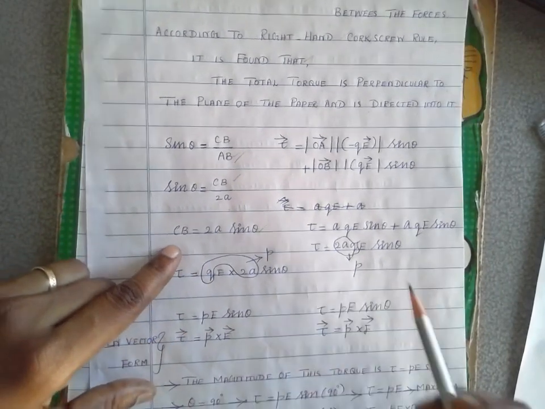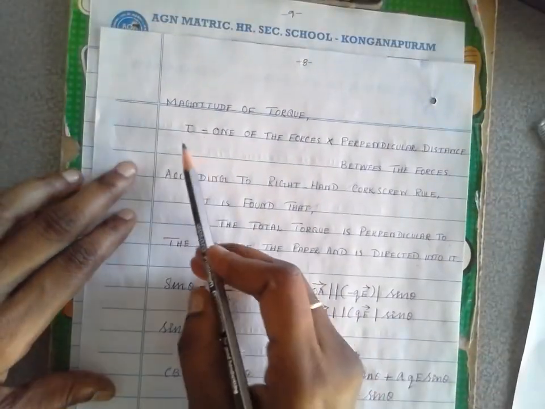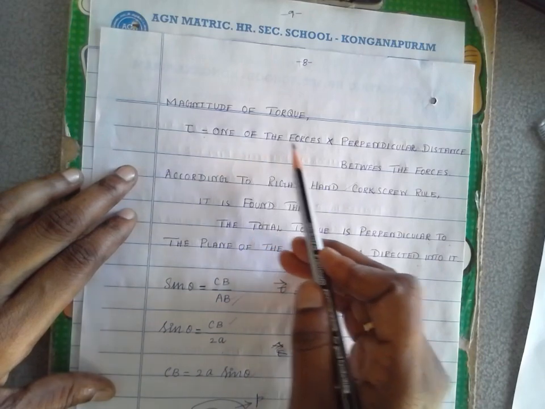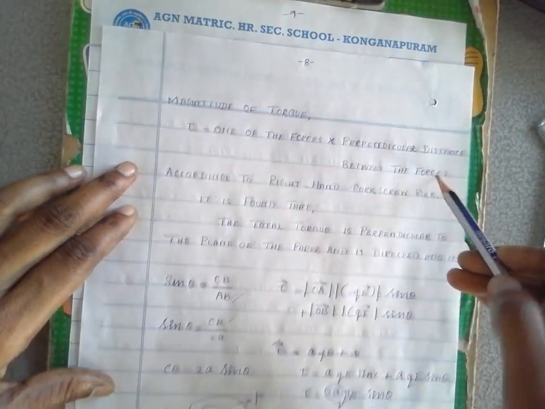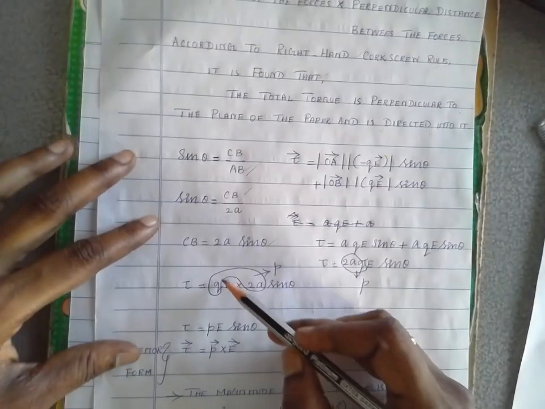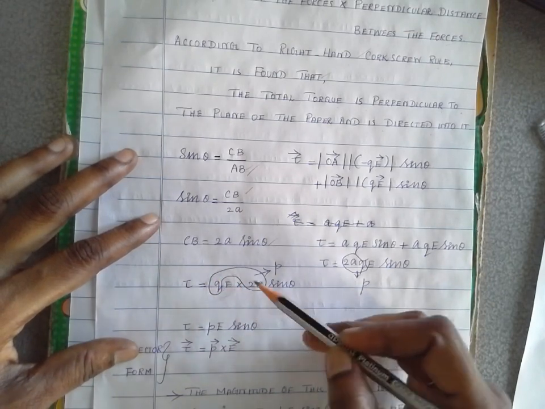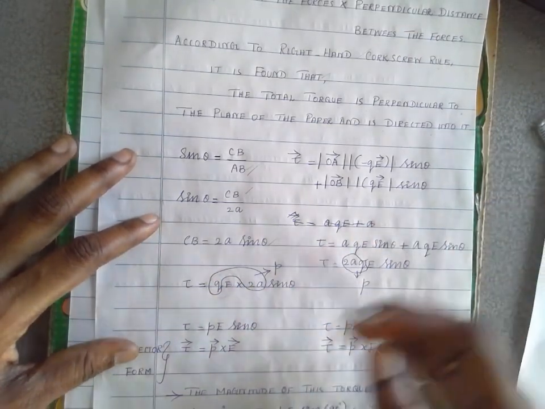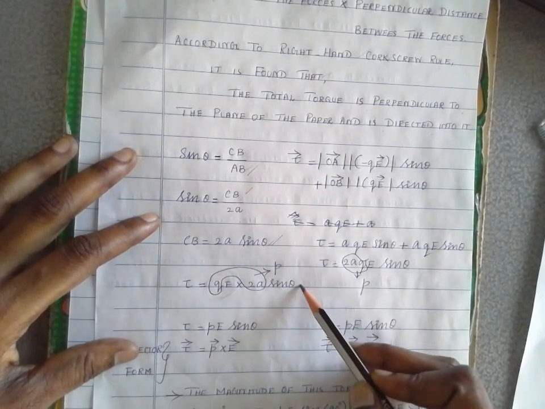Then I am going to apply this value in our general expression, that is tau is equal to one of the forces into the perpendicular distance between the forces. The magnitude of the force F is equal to qE, and the perpendicular distance is CB, equal to 2a sin theta.